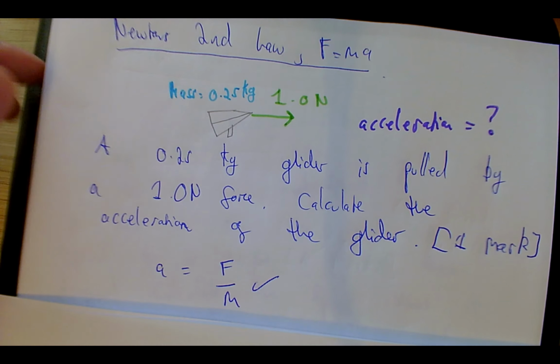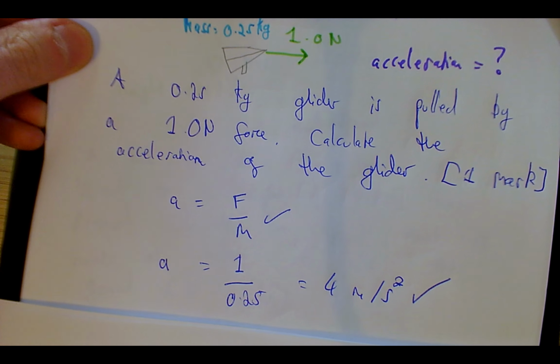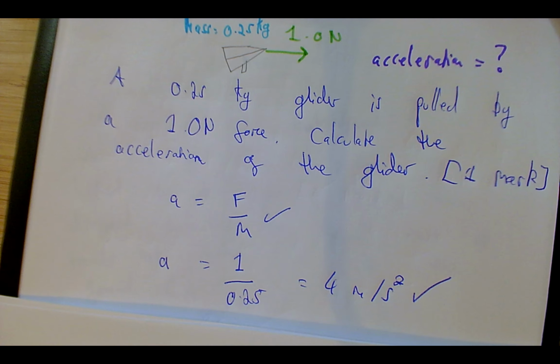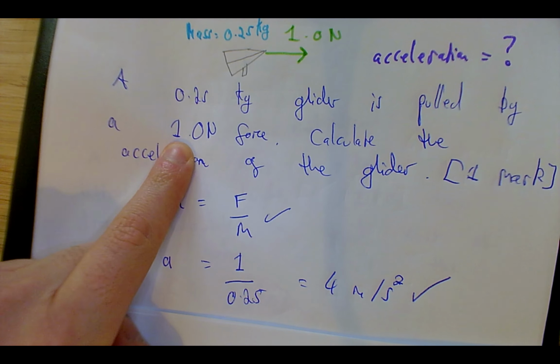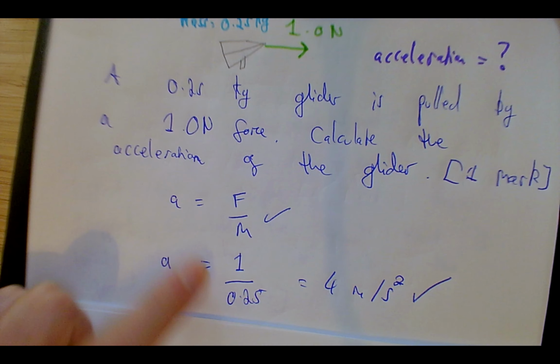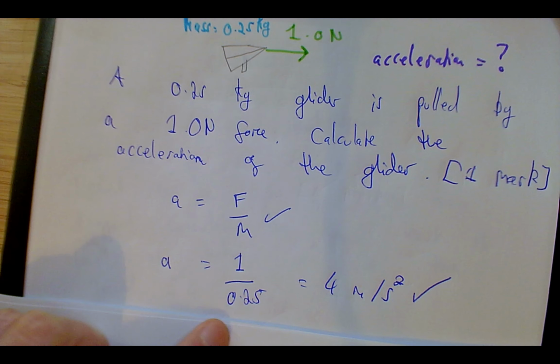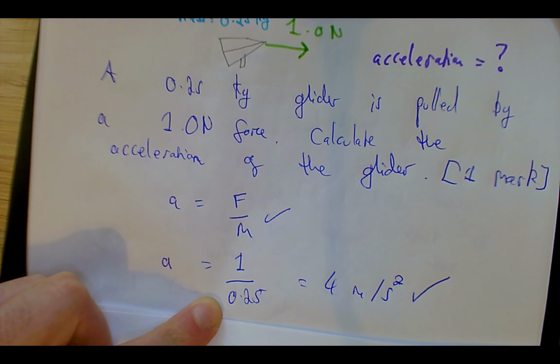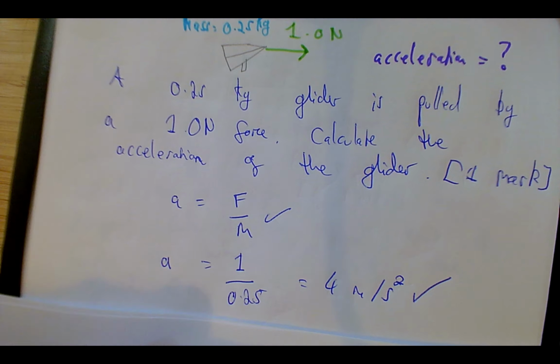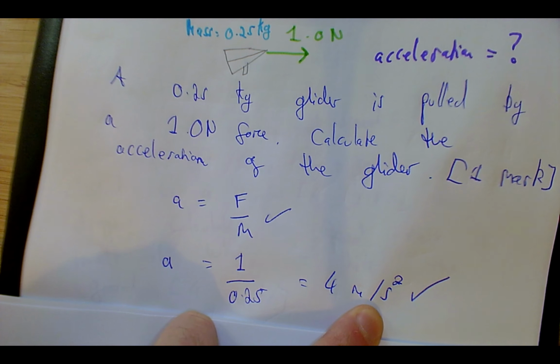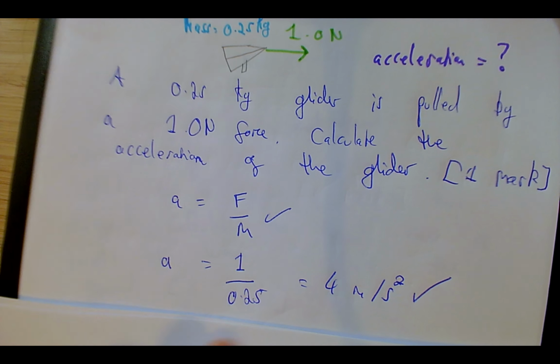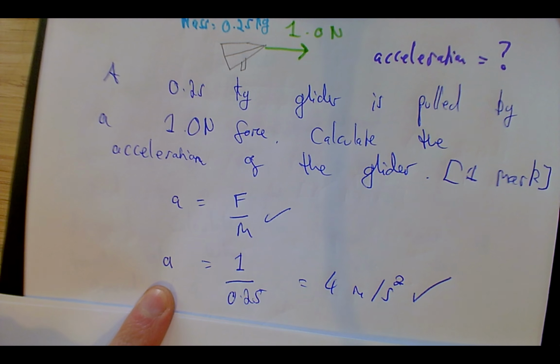The next step is to put in the numbers. Our force is 1 Newton, our mass is 0.25 kilograms, and if we put it into the calculator, we end up with 4 meters per second squared, which is the unit of acceleration.